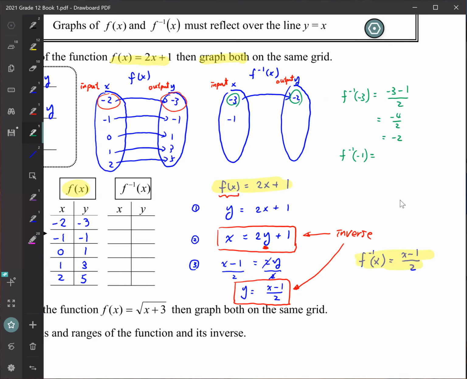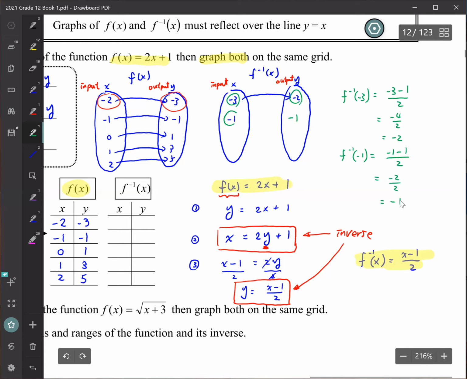Yeah, how do I write it out? So (-1 minus 1) over 2, which becomes -2 over 2, or -1. Okay, so it matches again, right? I take -1, put it in, it still gives you -1. Okay, so the mapping works now.